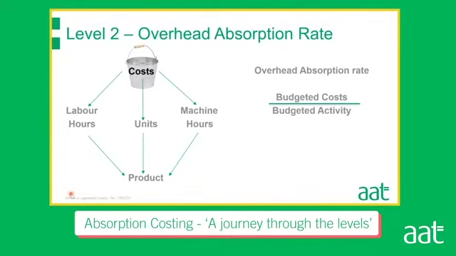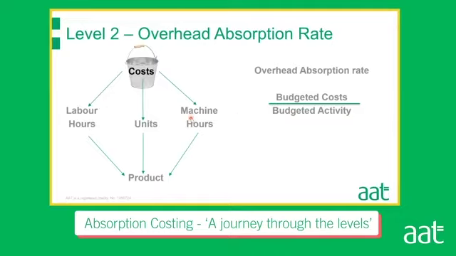There at the top of my slide, imagine my bucket full of overhead costs, production overheads, of course, predominantly what our AAT exam focuses on. My formula there to work out my overhead absorption rate: take my budgeted overhead costs, the total of that bucket there, and divide it through by what I think is my budgeted activity. What's my activity then?